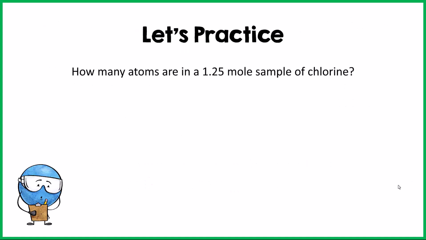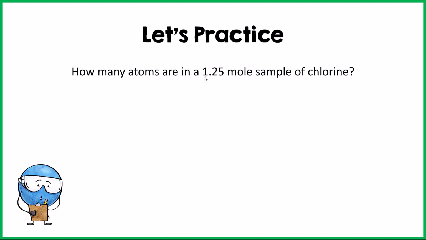So let's practice again. How many atoms are there in a 1.25 mole sample of chlorine? So I want you to try this on your own. When I'm finished with the explanation here, pause the video and try it. But let's start here by saying how many atoms is going to be our unknown. 1.25 moles of chlorine is our known quantity.